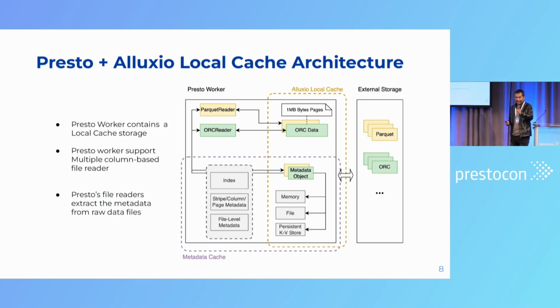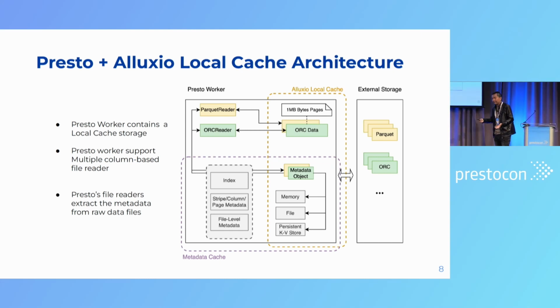By checking the metadata, maybe some stats or something else, Presto will know if this data file is needed or not. If it's needed, it will do some real data scan. If the entire section, maybe a stripe or something, is not needed, it will skip the entire section.